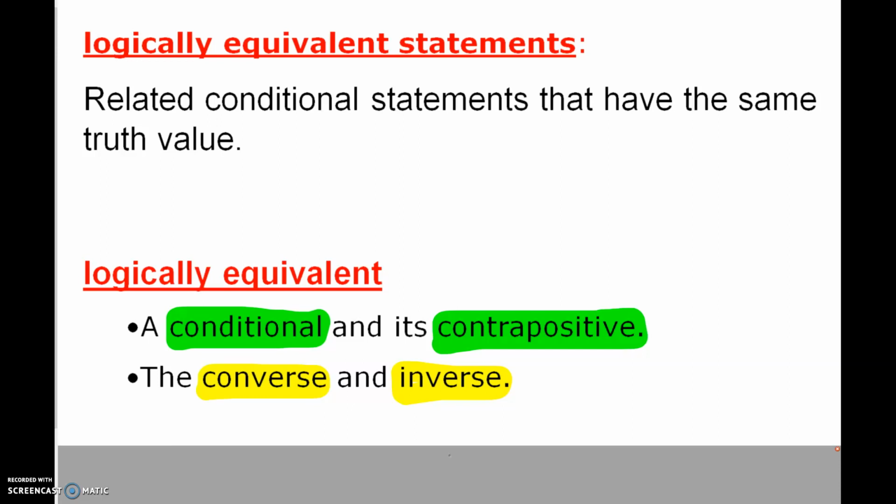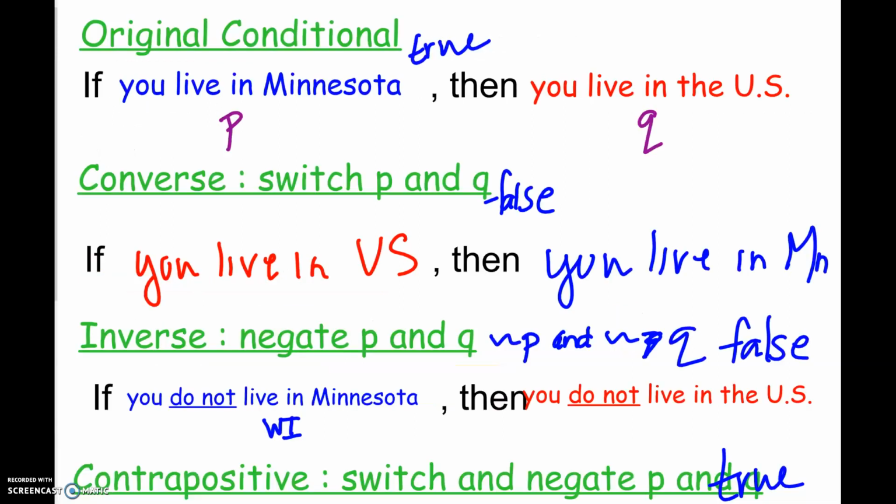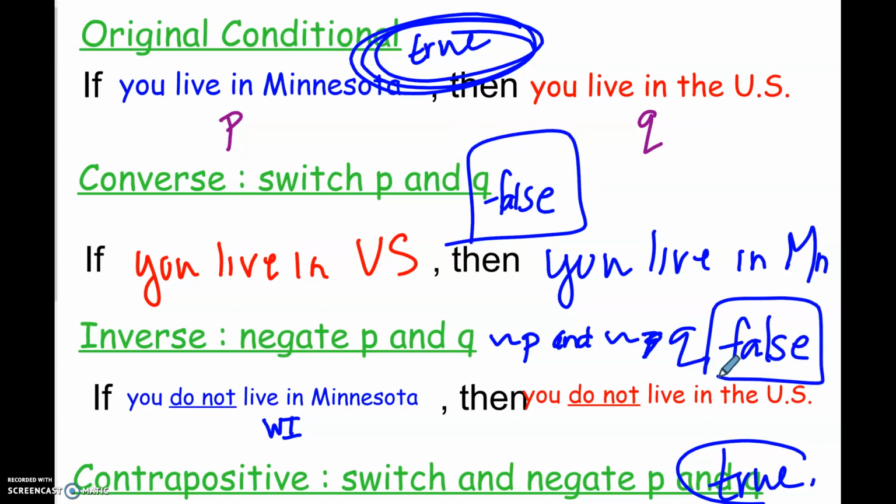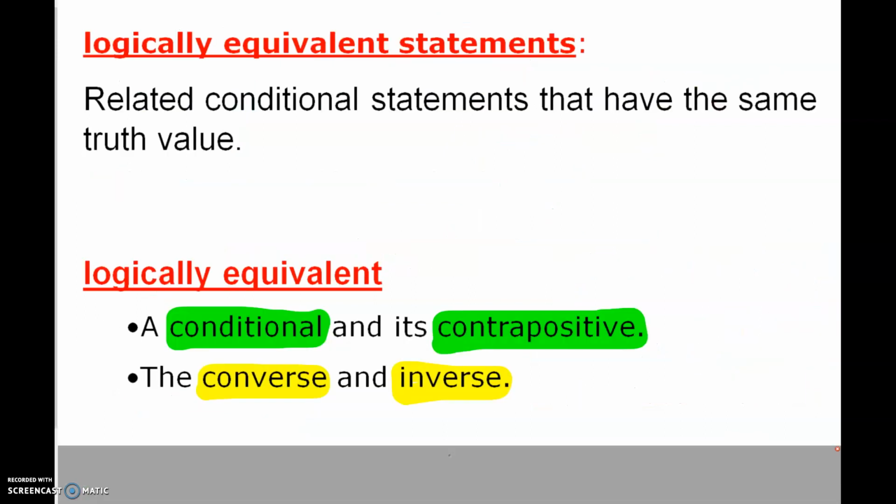This logical equivalence goes back to what we just did. If you go back to that last screen, you'll notice I went through the truth values. Do you see how the original was true, and so is the contrapositive? So you can see that those truth values are the same. And you see how the converse is false, and so is the inverse. So the logical equivalence is that your conditional and contrapositive are going to have the same truth values.